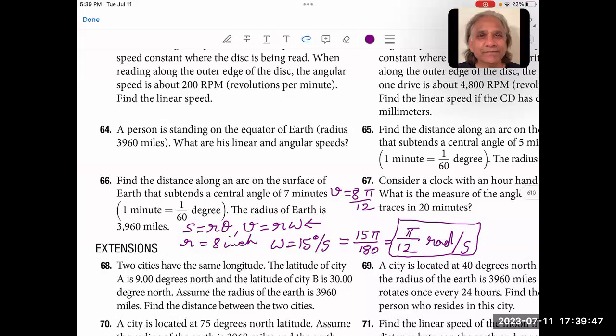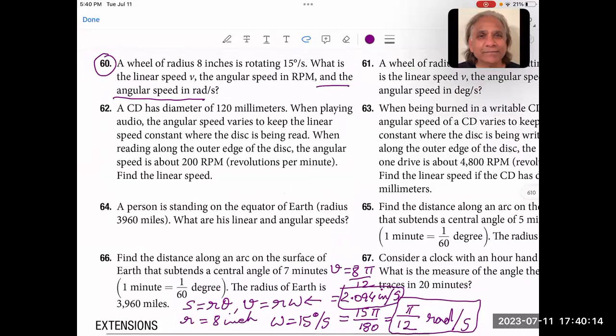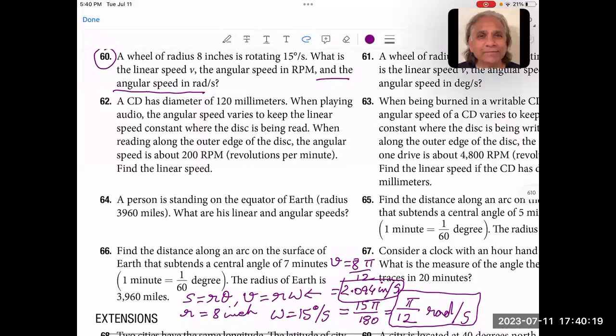And you can use your calculator to see that this is 2.094 inches per second. Since the radius is in inches, this would be in inches per second. So that's the linear speed V.